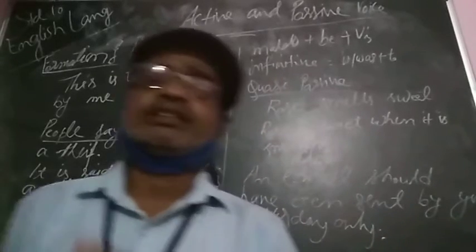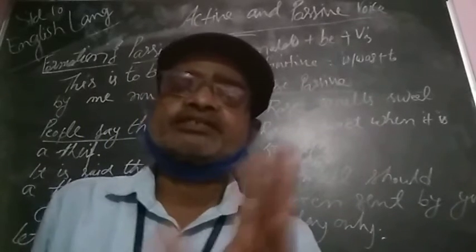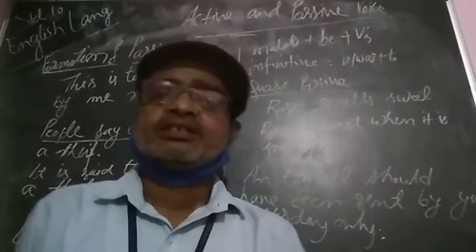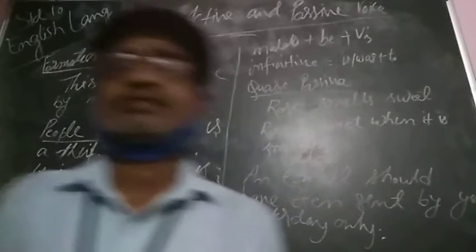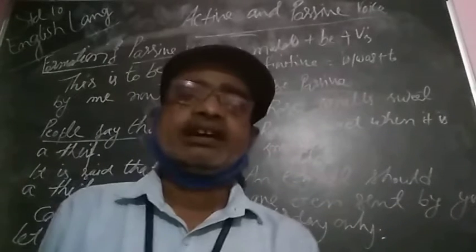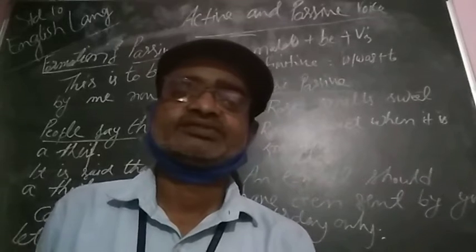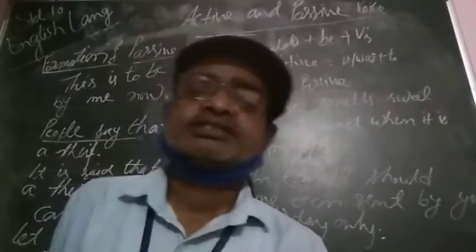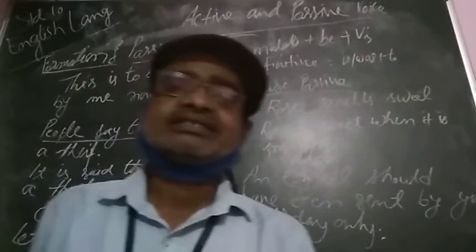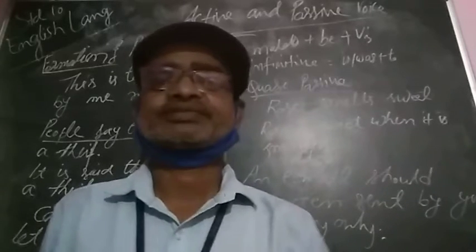Now, if there is future continuous tense, then please use the construction of future simple tense only. Okay. I'll be sending an email tomorrow. So an email will be sent by me tomorrow.